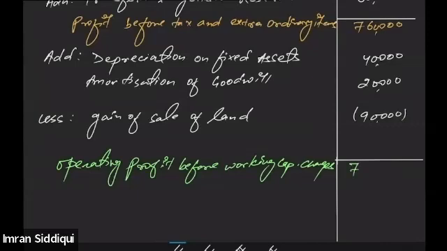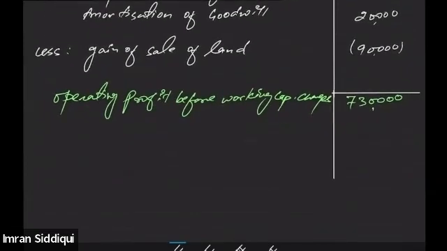So it will be 7 lakh 30 thousand. All right, understood everyone? Is this clear? Lima, Evan, Mariam. Okay, Halima is not here.